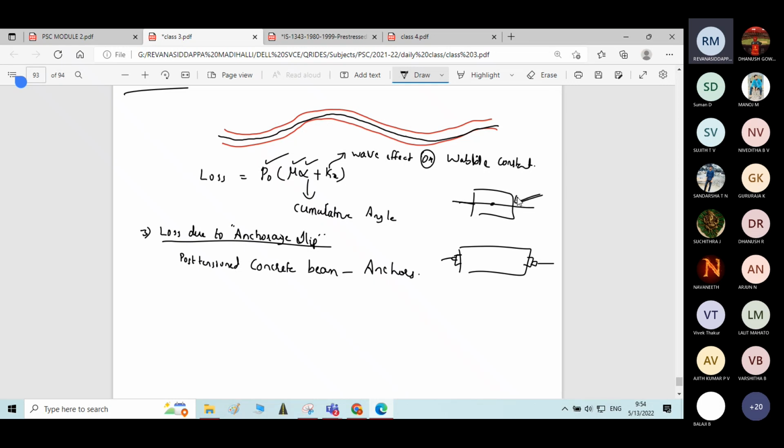Remember this. You need not calculate loss due to anchorage slip for a pre-tensioned concrete member, because there are no anchorages. This will come into picture only for a post-tensioned concrete beam.